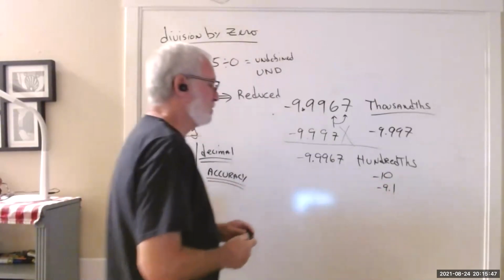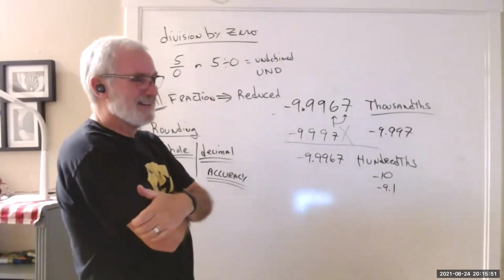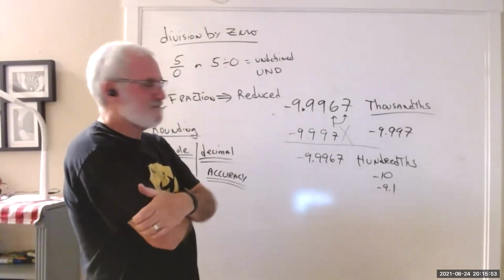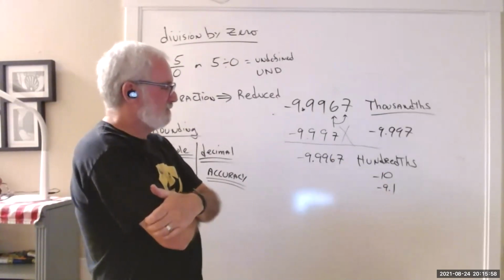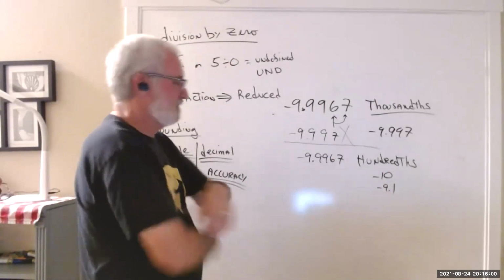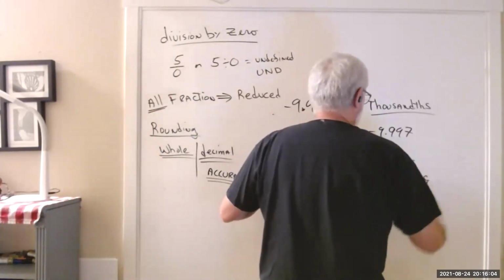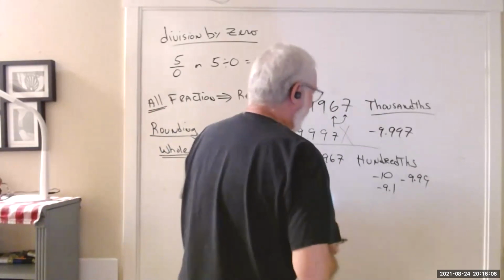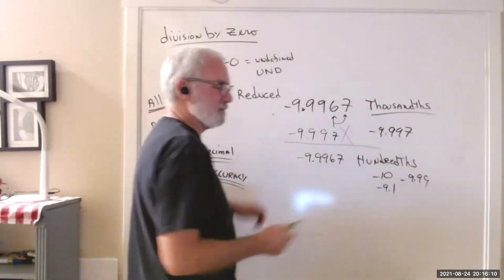Okay, still wrong. Anybody else? Anybody want to try? Would it be negative 9.99? Nope. It would be negative 8. No. I like that because you're thinking about the negative flipping it around. All right, let's see what happens.